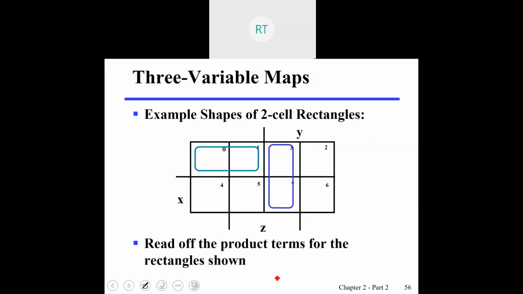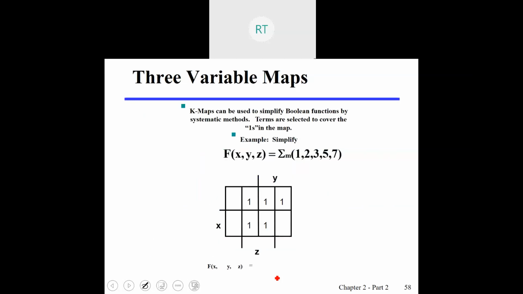This is another shape: you could take the edges, these 4 edges. I need your help now. What can I take as adjacent? The 4 squares in the middle.